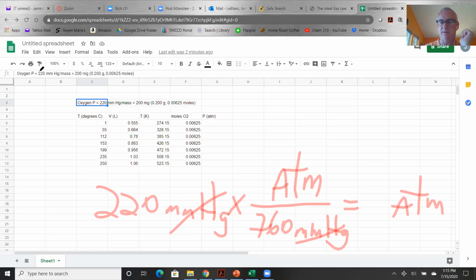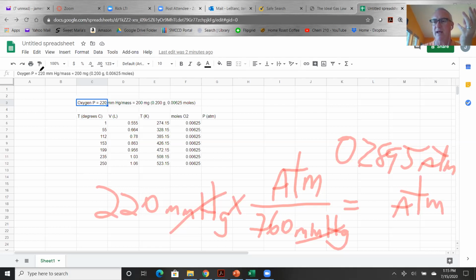That gives me 0.2895 atmospheres. And remember, you can use as many digits here as you like. Use at least 3, but you can use many more.